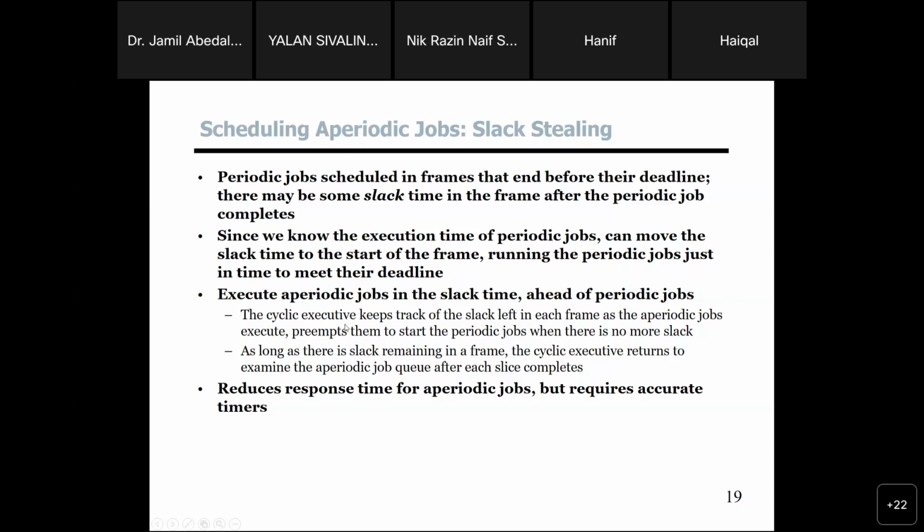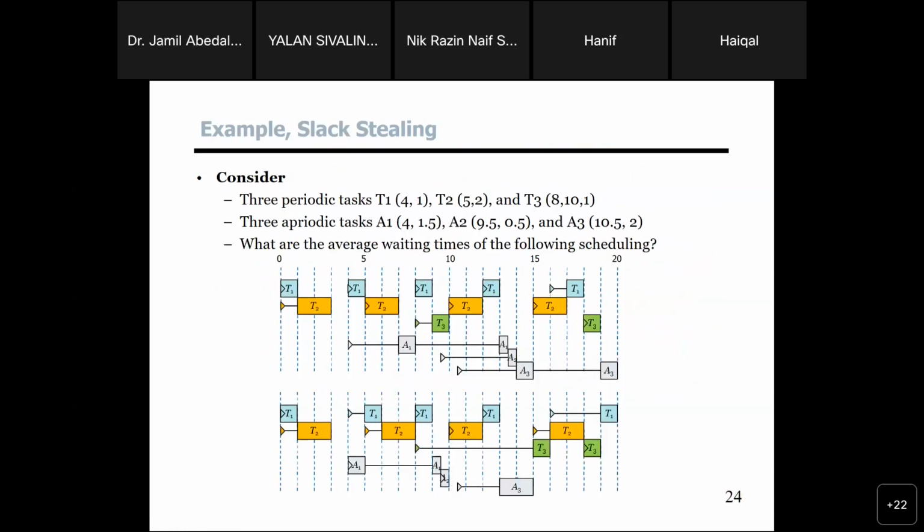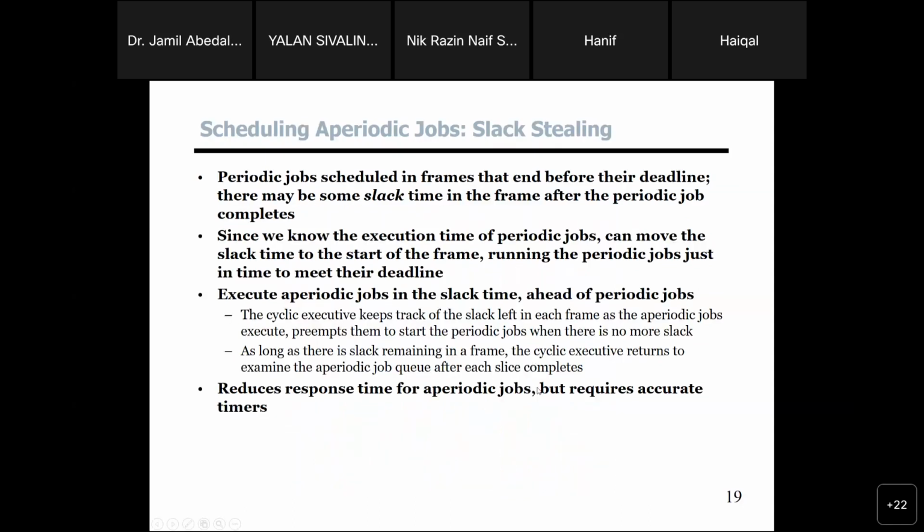So we can shorten all the explanation previously: normally, in the hard time, we execute the periodic job first. Then when we meet slack time, which means a hole, like here, this is a hole, this is a hole, this is a hole, we execute the aperiodic job.